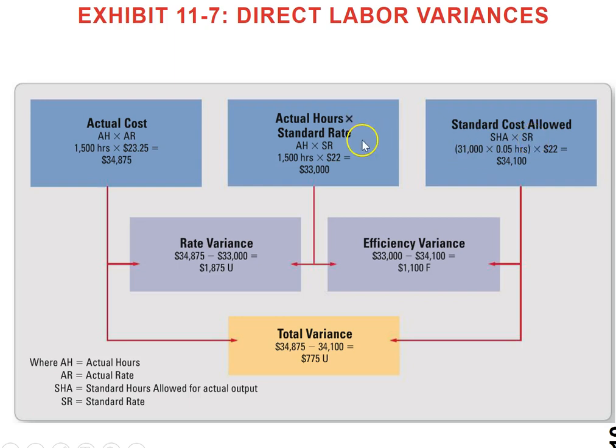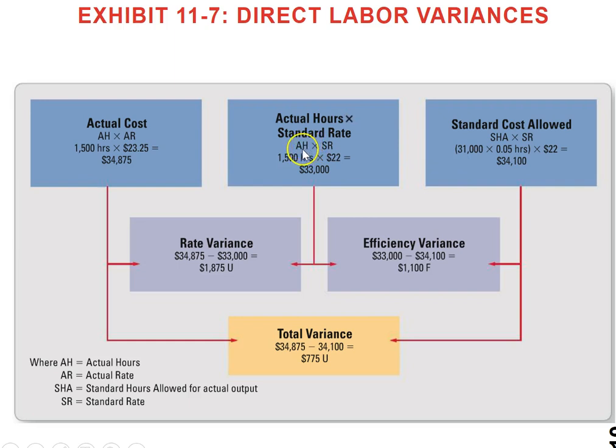That means if you compare box 2 versus box 3, the main difference is the hours. One is actual hours and another is standard hours. How many hours you actually spend to produce a specific product defines the efficiency of your labor force. So the difference here, we'll call an efficiency variance. I'm repeating, efficiency variance is the comparison between box number 2 and box number 3.